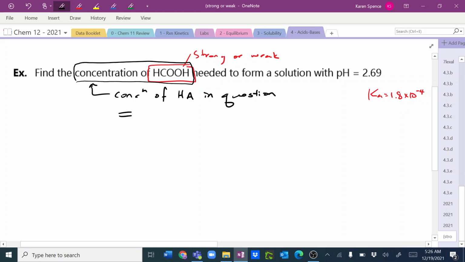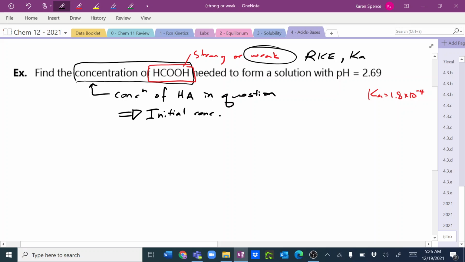It is always the initial concentration. So in this case, our unknown is the initial concentration of HCOOH. But we're still going to use all the same tools as we did before because it is a weak acid. We're going to use RICE and Ka.